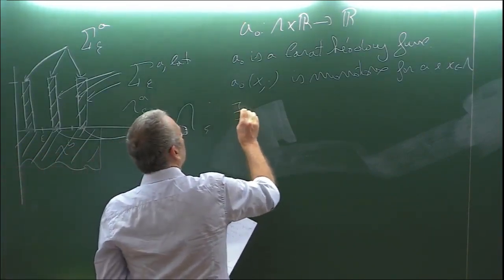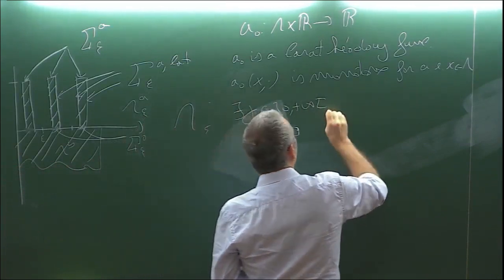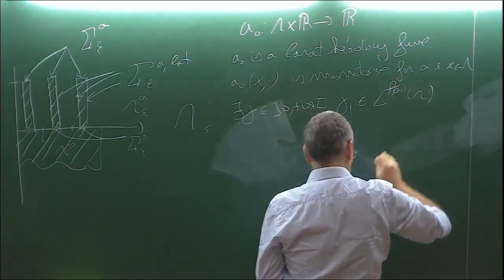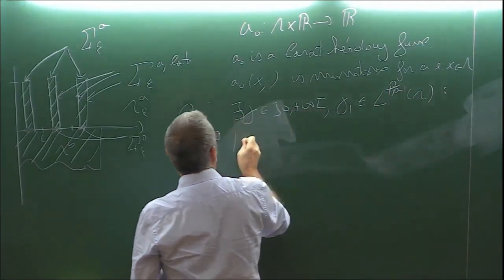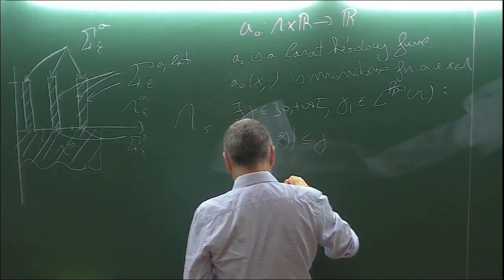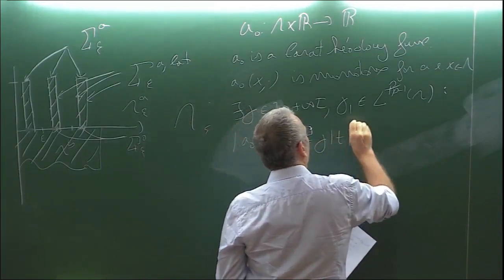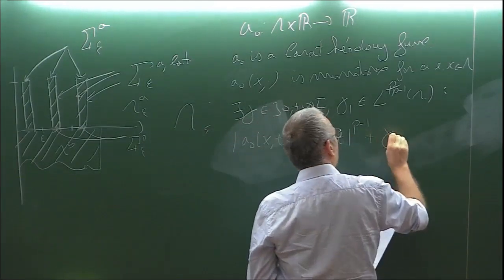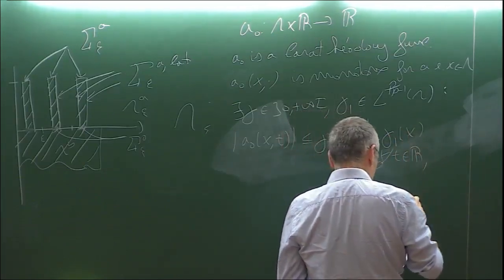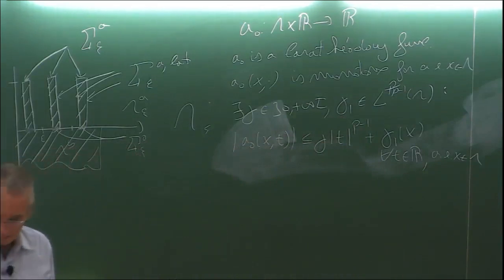That is, there exist gamma in (0, plus infinity) and gamma 1 in L^{p/(p-1)}(omega) such that the modulus of H0(x, t), where t is the second variable, is less than gamma times the modulus of t to the power p minus 1, plus gamma 1 of x, for every t in R and almost everywhere x in omega.